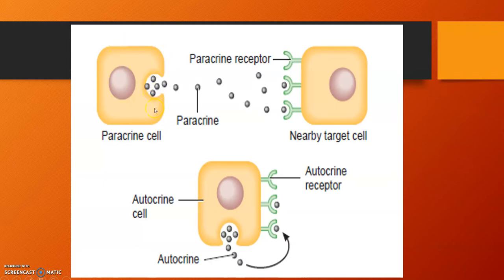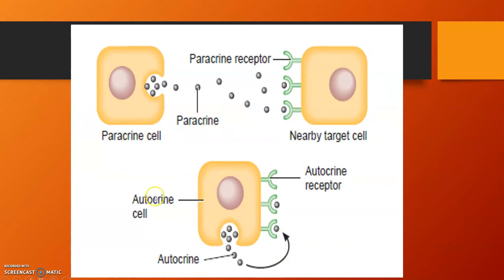So let us assume this is an alpha cell here, and these are the receptors for glucagon. Glucagon is released from the alpha cells and it immediately binds to its receptor. Alpha and beta cells are part of the islet cells of the pancreas. So that's how paracrine cells are located close to one another. Hence, they are a part of the localized hormones.